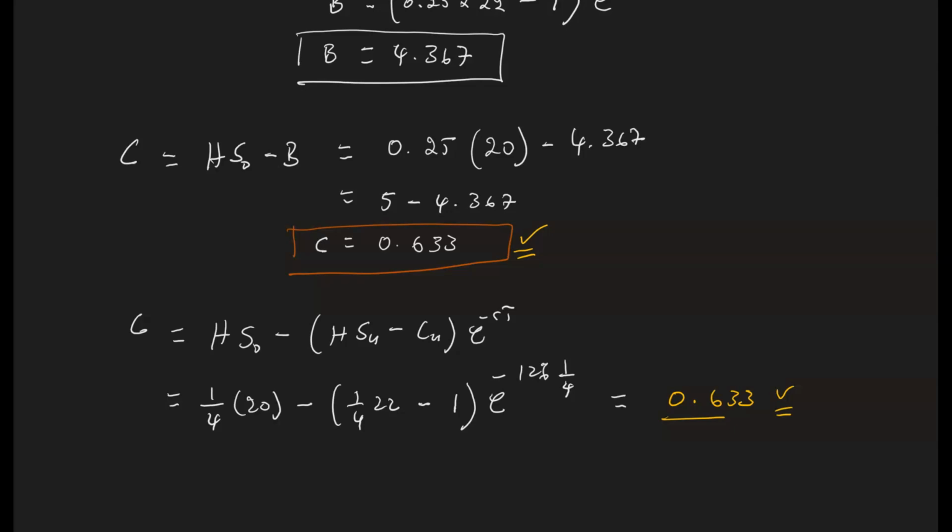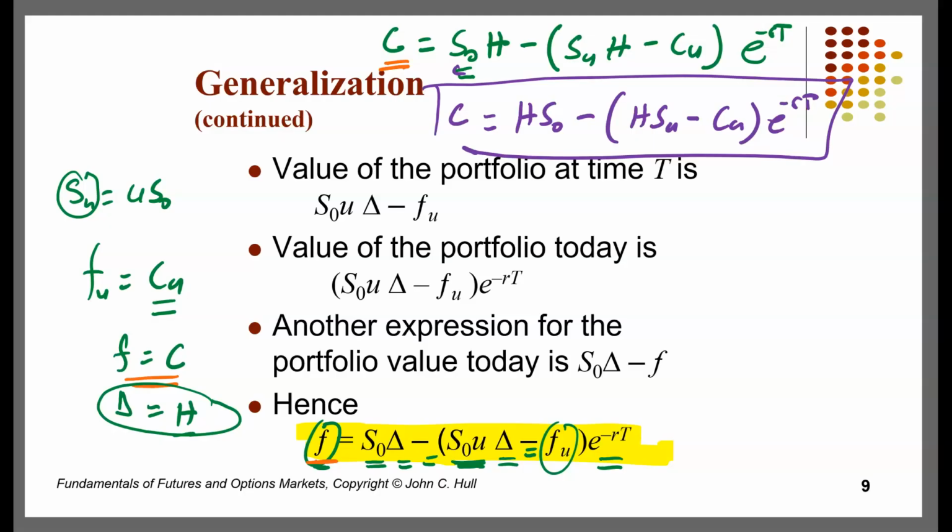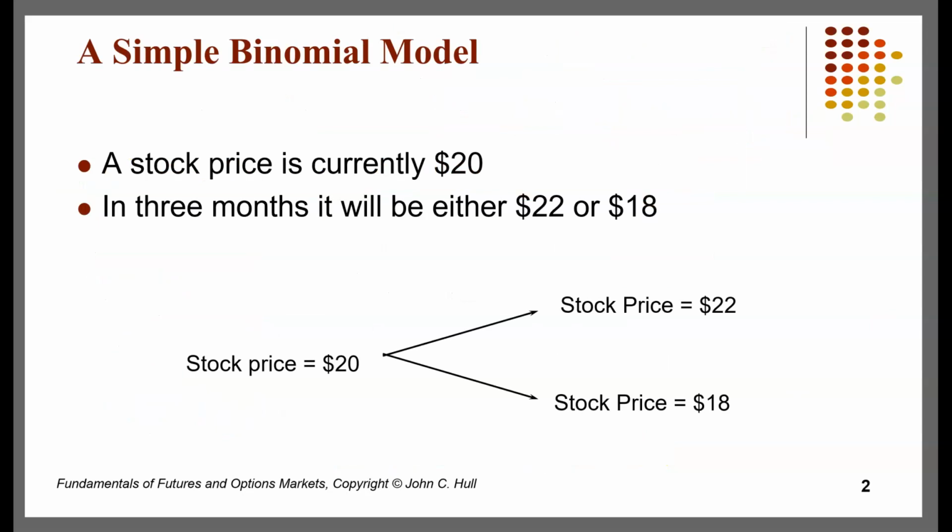Now let's go back to the slides here and see what we have there. Well, in the example that we have on the slides, we have an example where we're working with a stock price that's at 20. In 3 months, we are assuming that the stock price is going to be either 22 or 18.